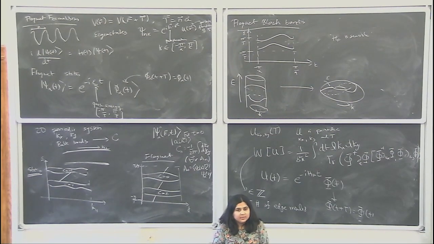I have a question. Maybe this is too naive, but we say that we are studying systems periodic in space and time. So I would expect that instead of computing the integral over t, maybe we would integrate over frequency in the Brillouin zone of the frequency.